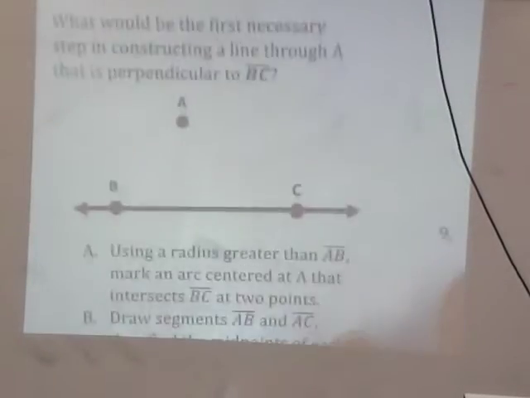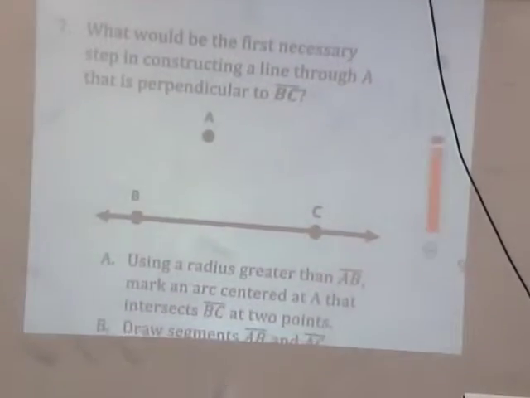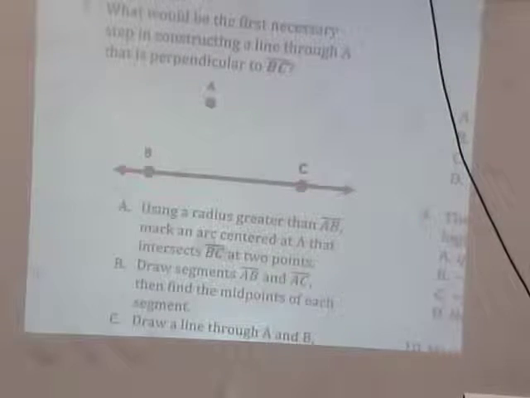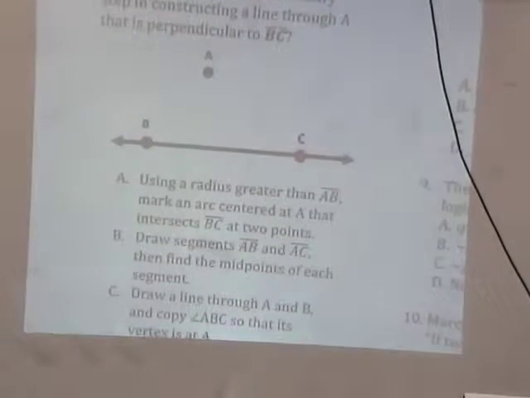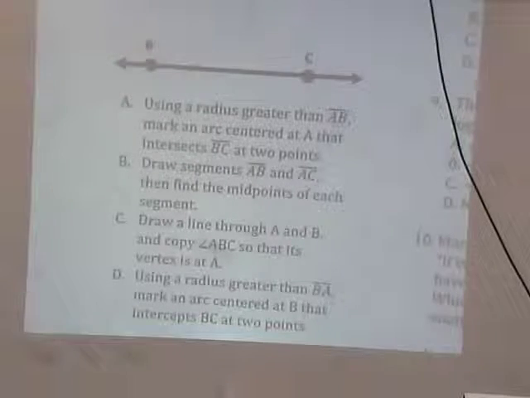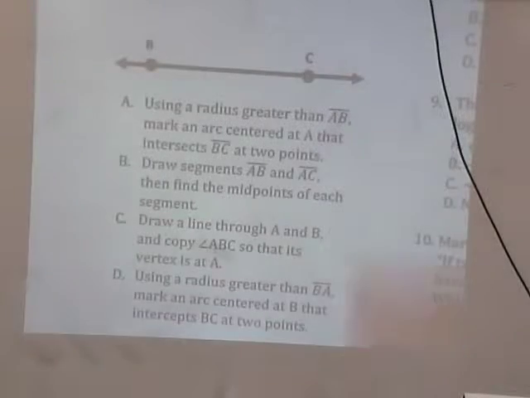Okay. Number 7. What would be the first necessary step in constructing a line through A that is perpendicular to AB? This A is the one you need.